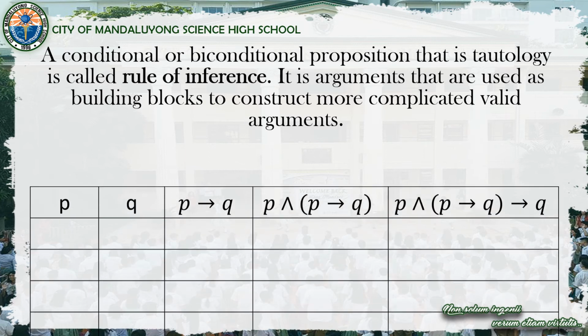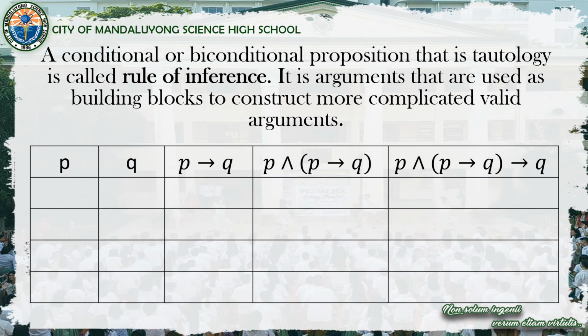So, ngayon, try natin. Let's show na etong modus ponens is a rule of inference. Okay, so ilagay muna natin ang possible values ulit ng ating two propositions, P and Q. So, possible that both are true.